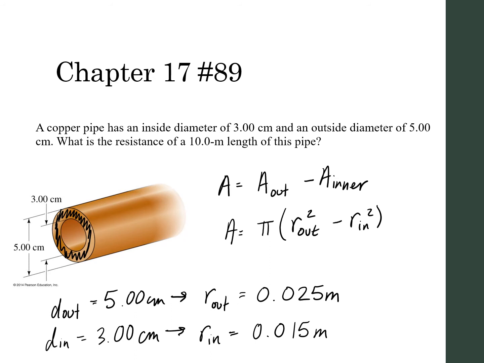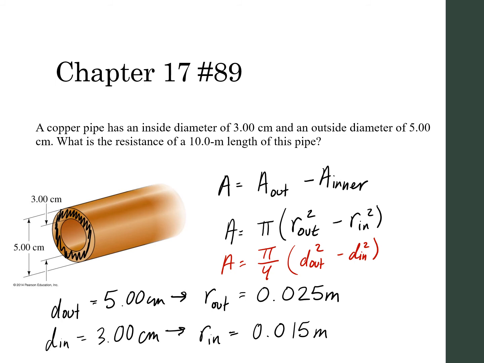It is perfectly valid and equally okay to say pi over 4 and then have diameter out squared minus diameter in squared. Both of these equations work out to the same result. I just personally know that if I don't convert everything to radius values, I'll miss one and I'll screw it up.